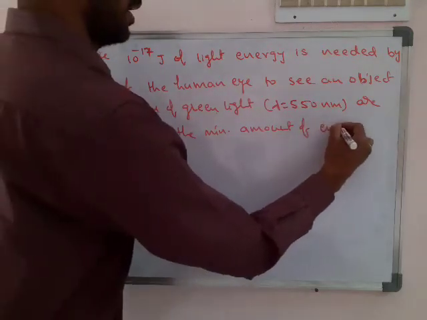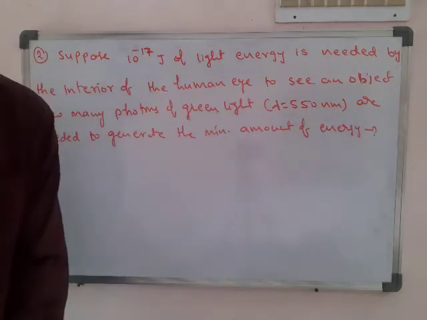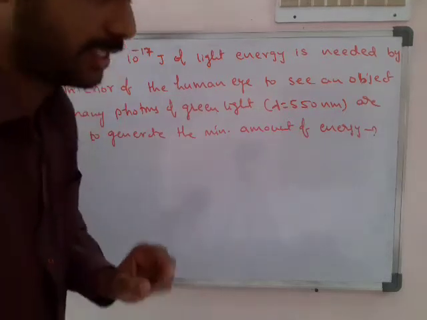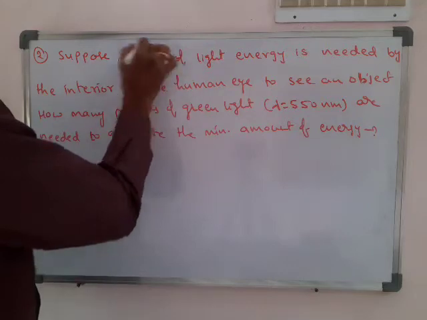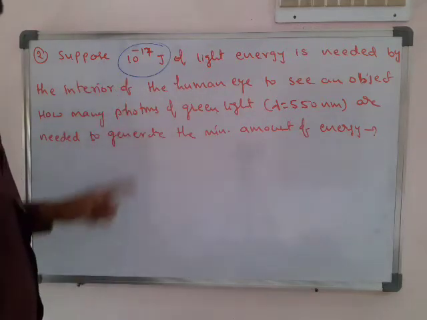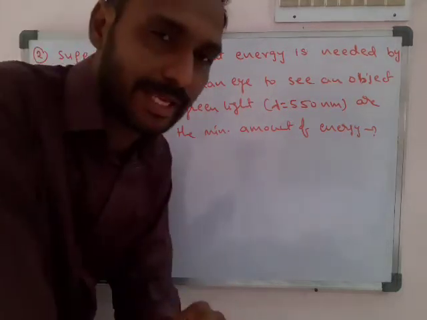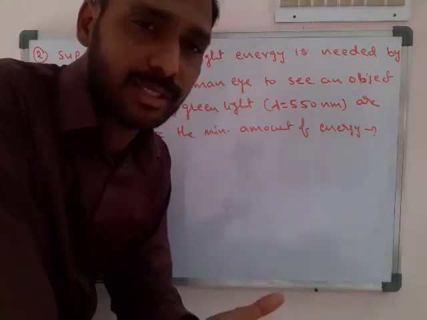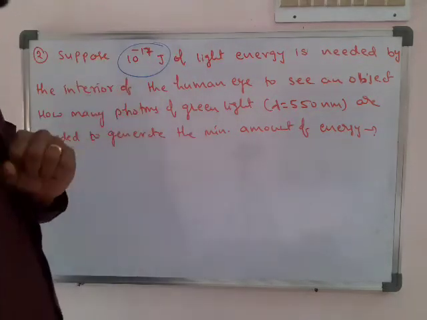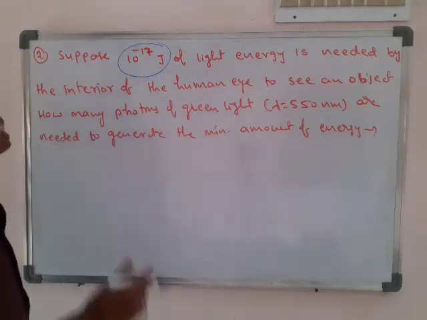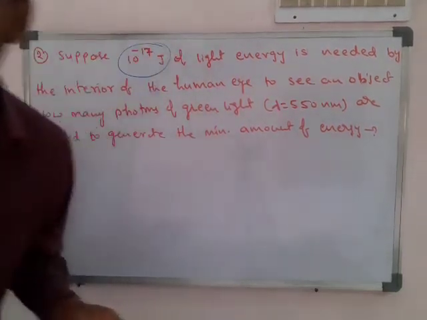energy. So here to understand the problem is very important. I will explain. Suppose 10 to the power of minus 17 joules of light energy means the energy of the light, nothing but radiation, is given as 10 power minus 17 joules, which is needed by the interior of the human eye.